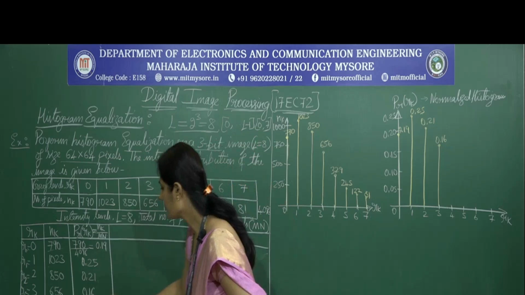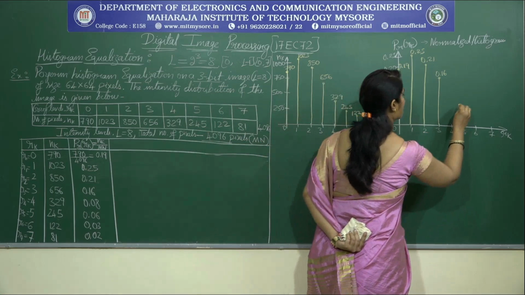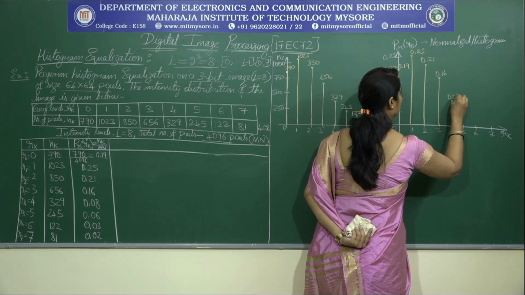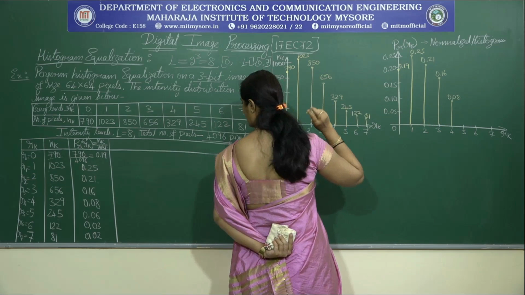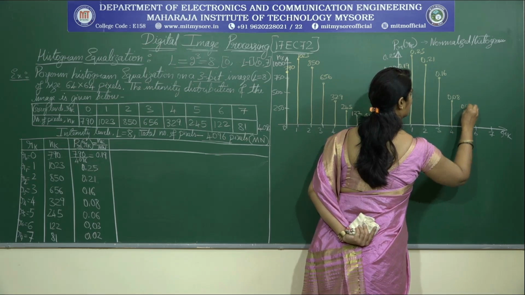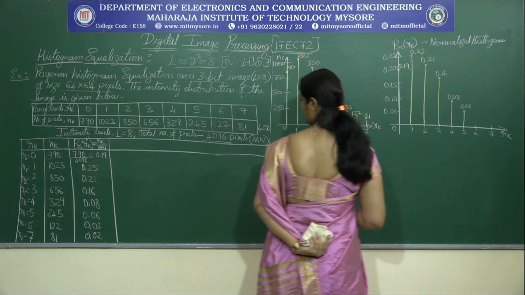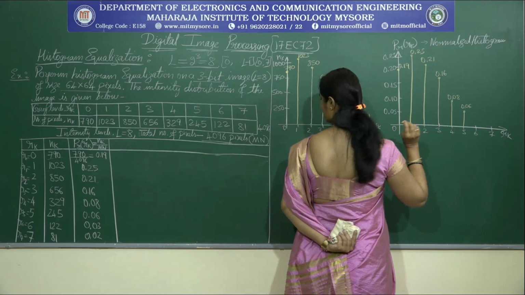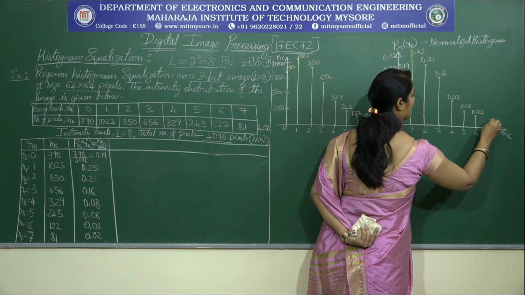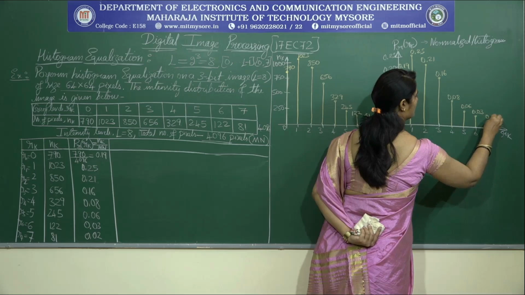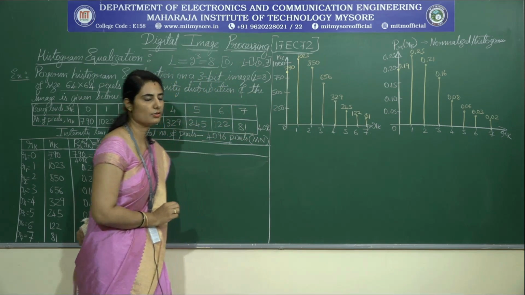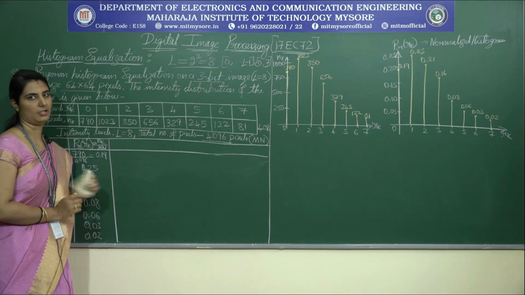When rk is equal to 4, it is 0.08. When rk is equal to 5, it is 0.06. When rk equals 6, it is 0.03. When it is 7, it is 0.02. So this is the probability density function, that is the normalized histogram of the given image.